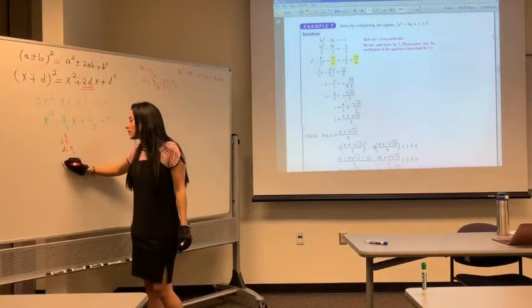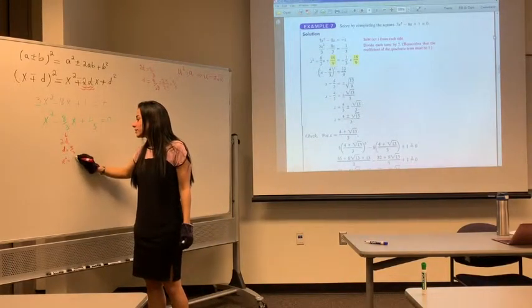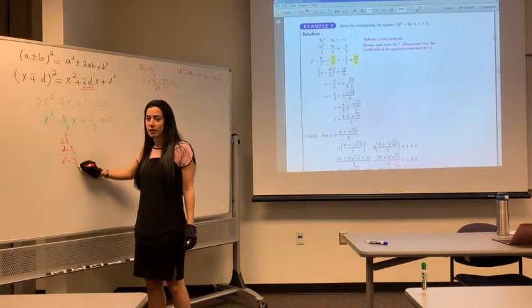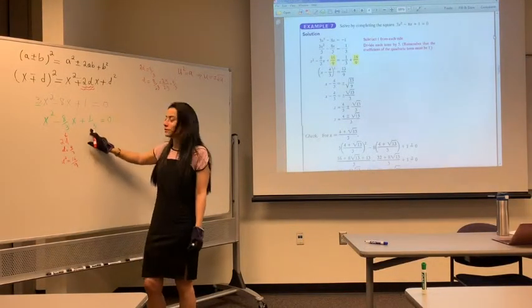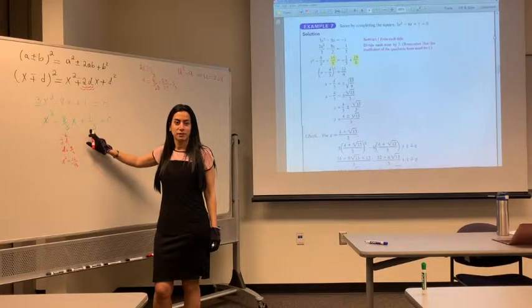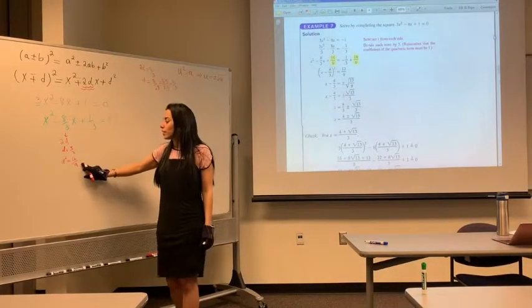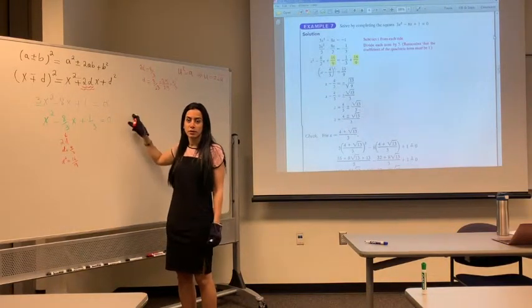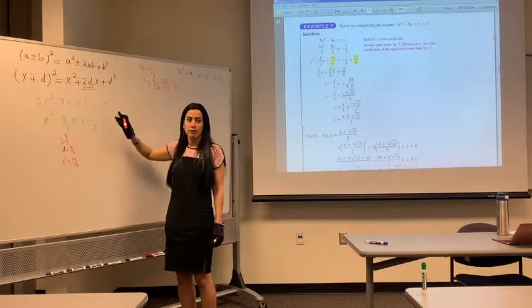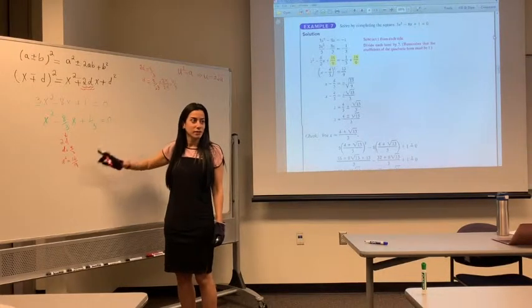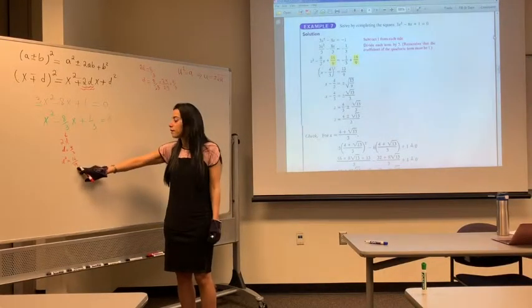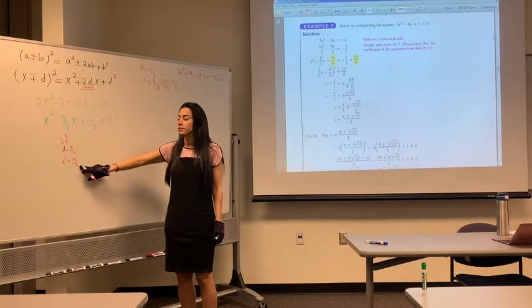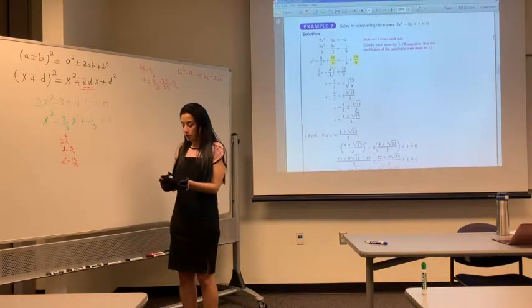So d squared is 16 over 9, am I right? But this one is not 16 over 9. So we will add d squared to both sides of this equation, like the previous example. Here we also have d squared. We add this d squared to both sides.